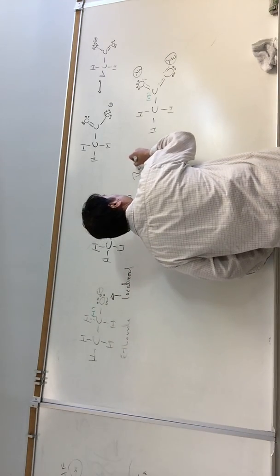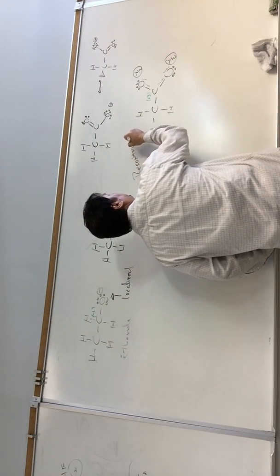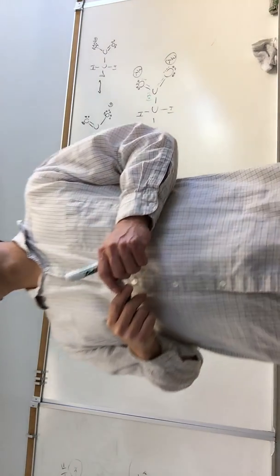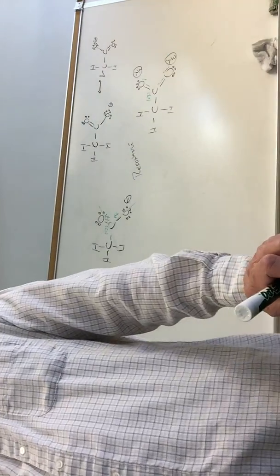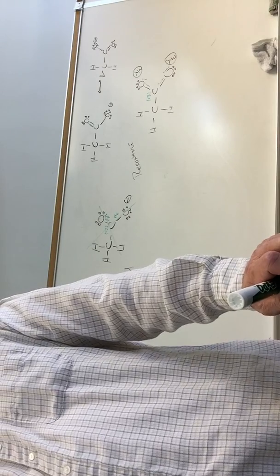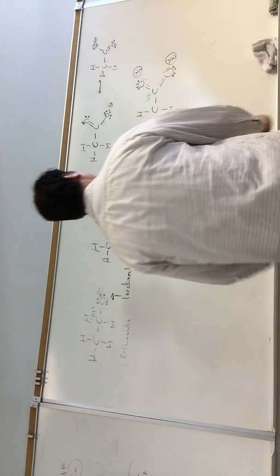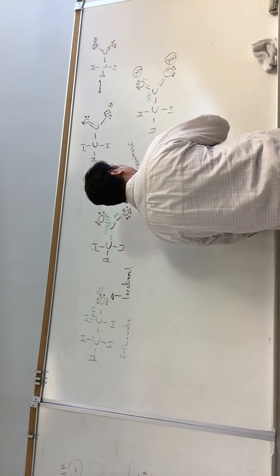And so what people do is they look for patterns, right? And the pattern is this. It's a simple pattern. The pattern is the more resonance forms you can draw, the more stable the ion.